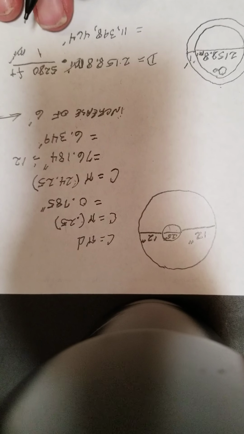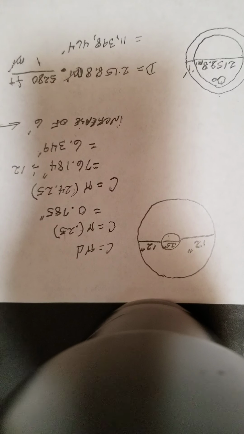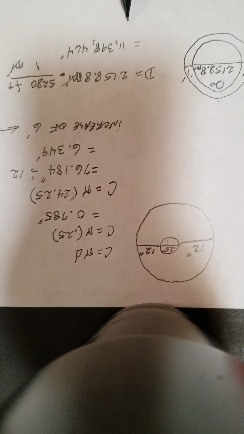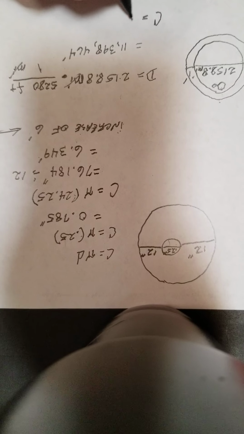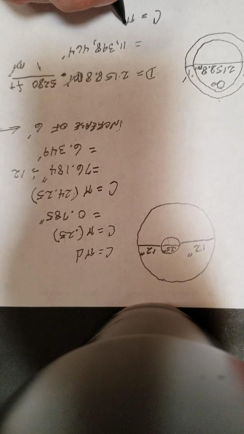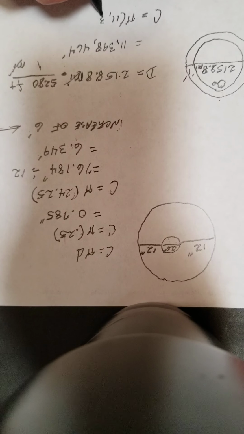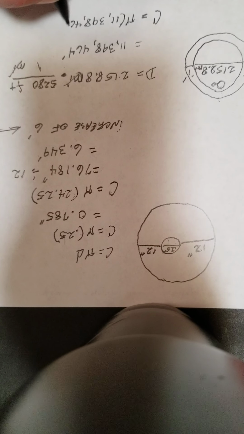That's a big number. That's usually why we don't use feet when we're using great distances. All right, now, the circumference of the moon is going to be equal to pi times 11,398,464 feet.